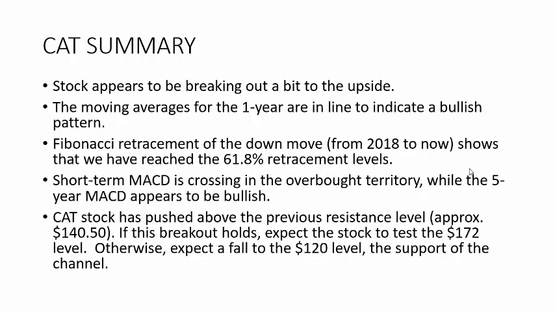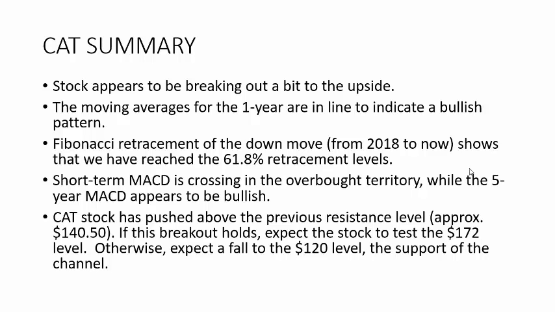But when you look at the longer time frame, the 5-year, that MACD certainly appears to be very bullish. So overall, this Caterpillar stock has pushed above previous resistance levels around that $140.50 range. If this breakout holds, I would definitely expect the stock to test that 172 level. And that was one of the Fibonacci numbers.